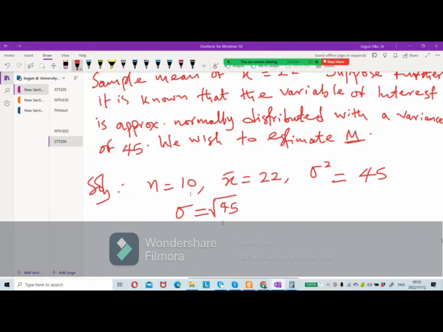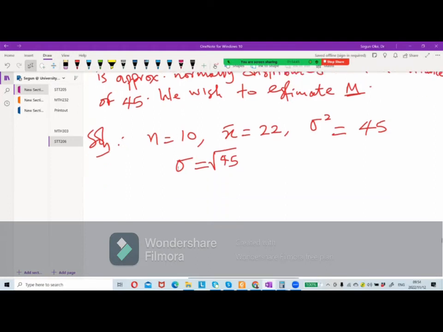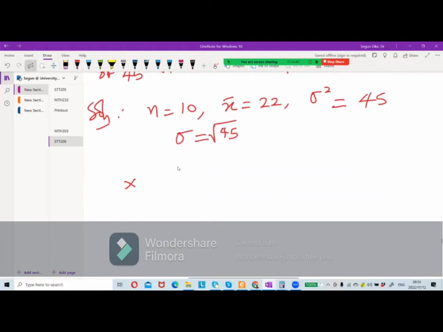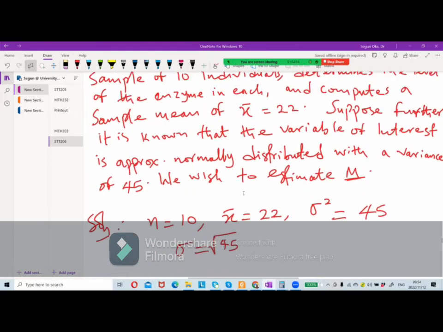Now, our n is less than 30. When they are talking about estimation, what do you need to know? It's just two formulas. It's just X bar plus or minus, and don't forget, we are still working on 95% confidence interval.